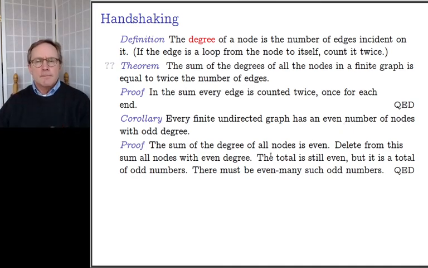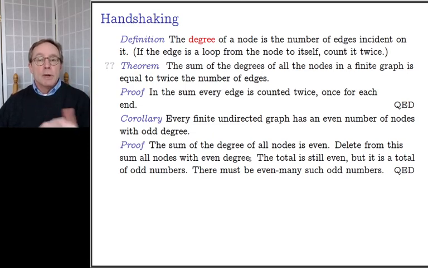So why is that? Well, we know from the theorem that if you add up the degrees of all the nodes, you have to get an even number because it's twice the number of edges. Throw away the nodes with even degree. What's left are the nodes with odd degree. Throw away the first node with an even degree, you've thrown away an even number. Throw away the second, you've thrown away an even number.